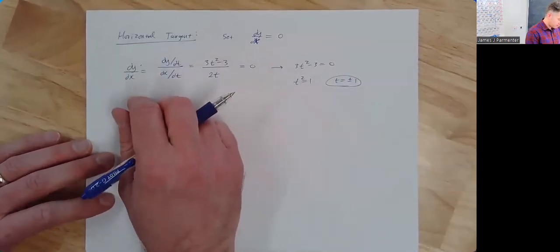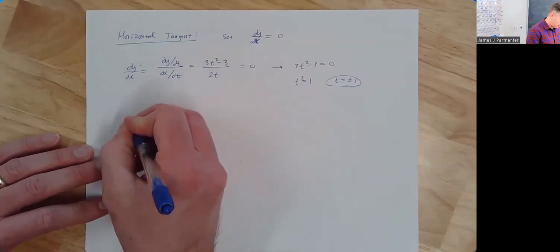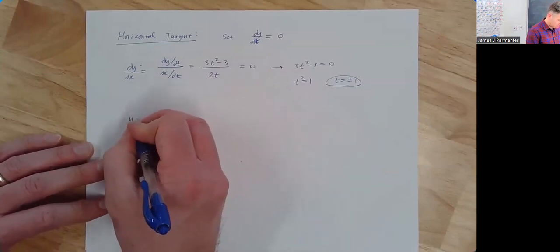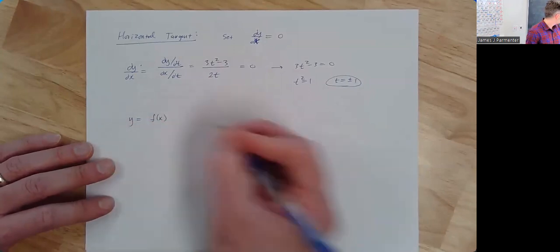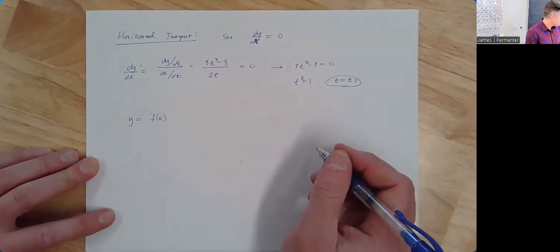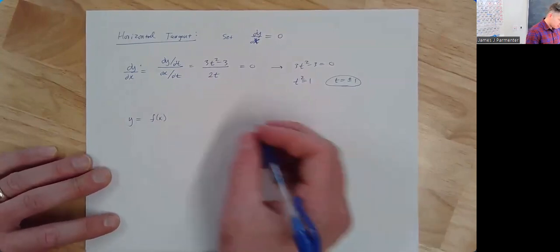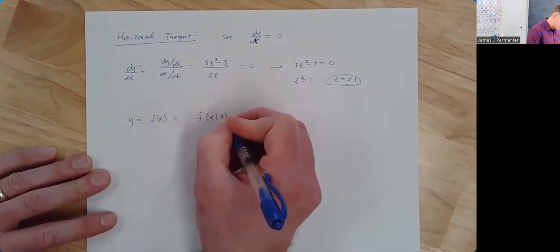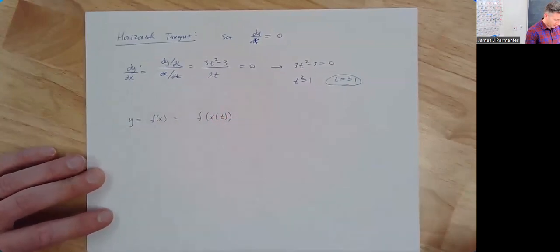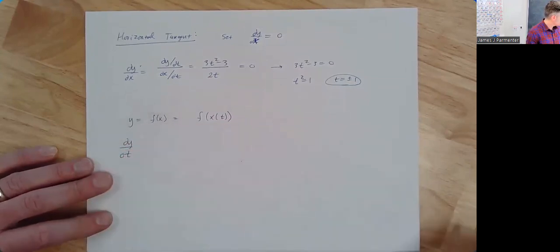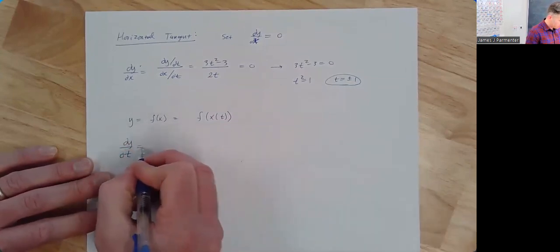So really, y is a function of x. So y is equal to some function of x. But really, x is a function of t, and so is y. So really, that's some function of x of t. And so if I want to find dy dt, I'm just going to use the chain rule.